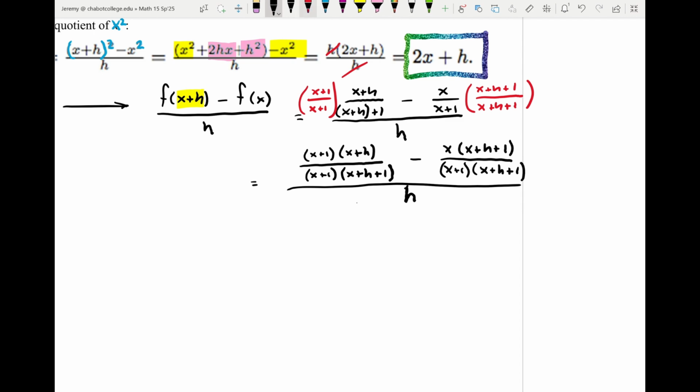So I have common denominators now. I might multiply this out, like I could distribute this x into those terms, and then I could FOIL out those two factors down there. And here's what I would get.